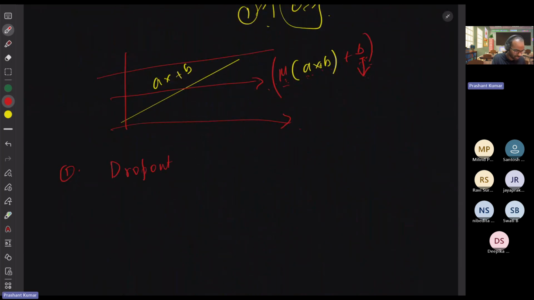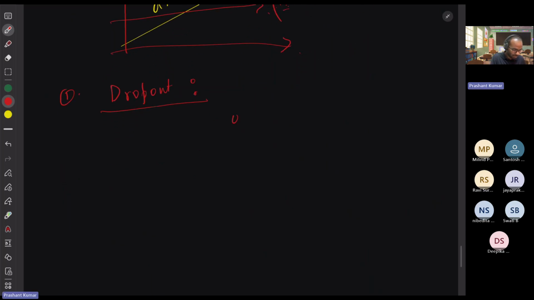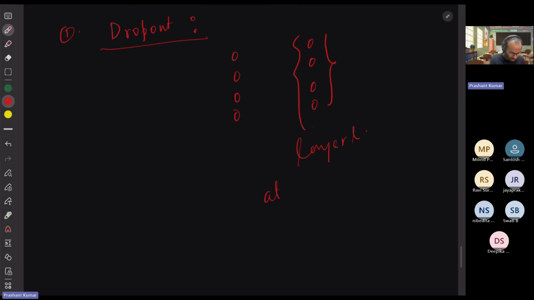I think we have already discussed the dropout earlier, in which if I will have an input layer and then I will have an output layer, and if I will say that in layer L at each epoch 50% of my neurons should switch off.